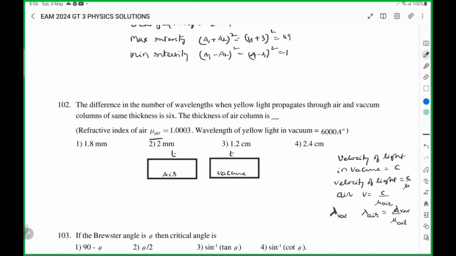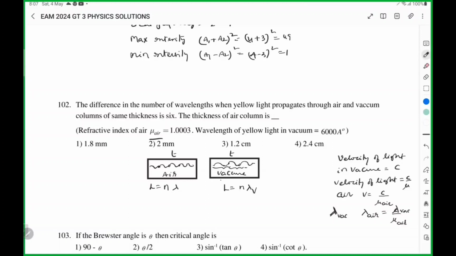Since the wavelength is smaller in air, more waves fit in the same distance; fewer waves pass through this thickness in vacuum. This distance is covered by some unknown number of waves. Let us assume it is n lambda vacuum.